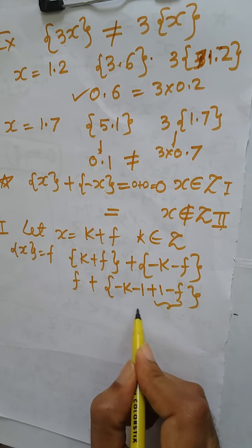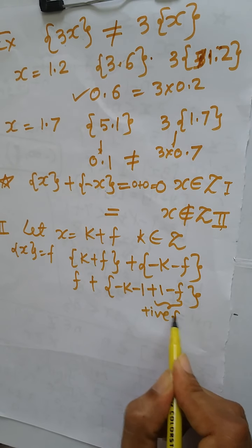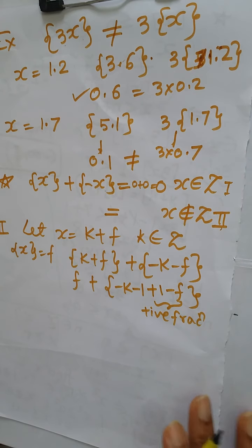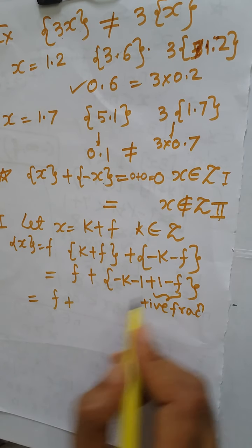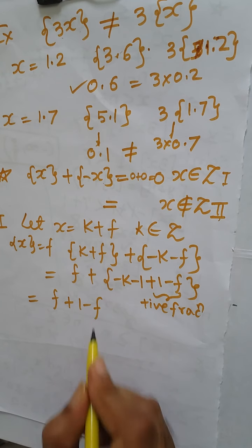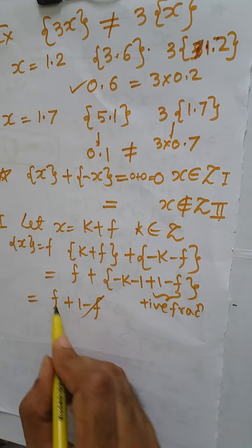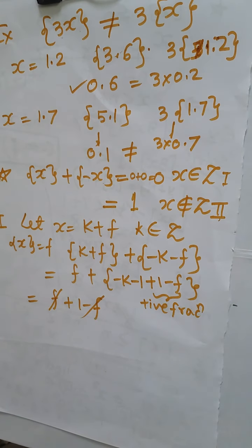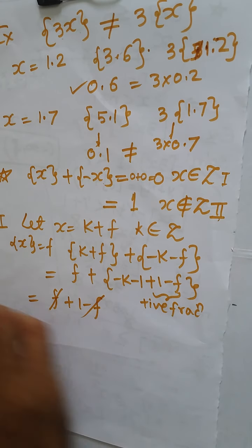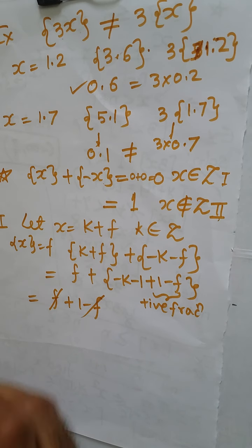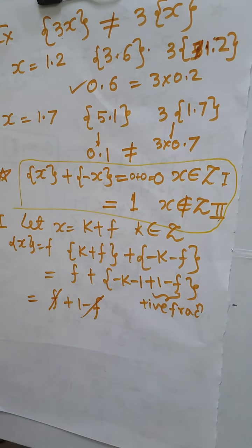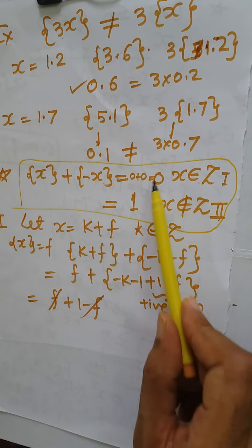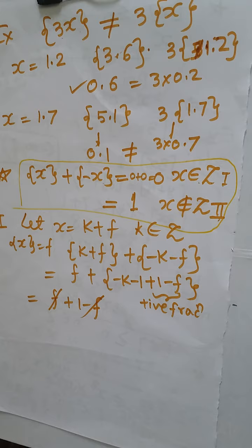So now this becomes a positive fraction. So f plus 1 minus f gives you, the f cancels, so the answer is 1. This is another property: this plus this equals this. In the integer case 0, in the non-integer case 1.